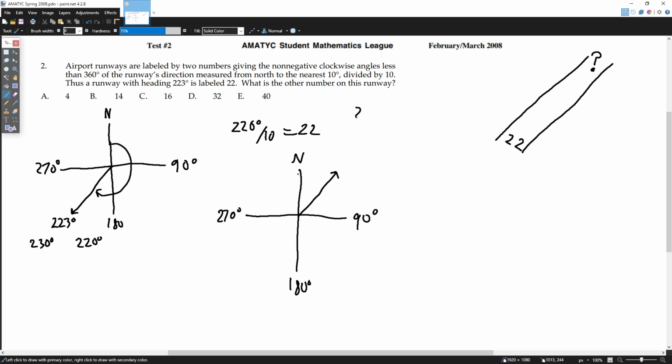Well, if we added, we're going to end up with 403. But that doesn't adhere to the restrictions they place on the angles. They want less than 360, so we don't want that.